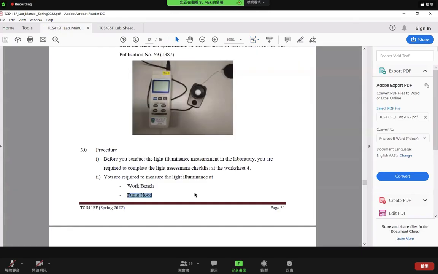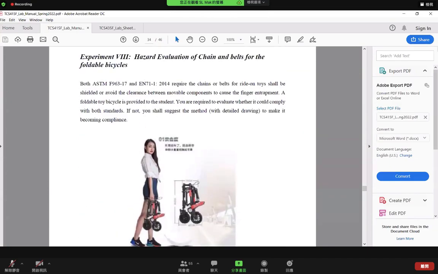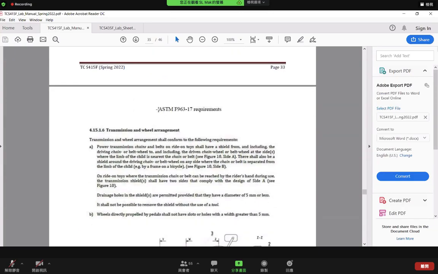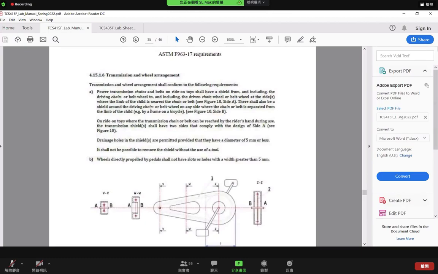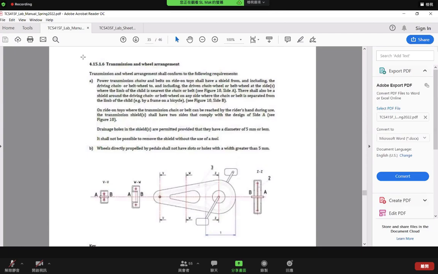And then next one, a foldable bicycle will be provided. It is just a hazard evaluation. You are required to read a standard. ASTM standard is provided. You should read this requirement carefully.